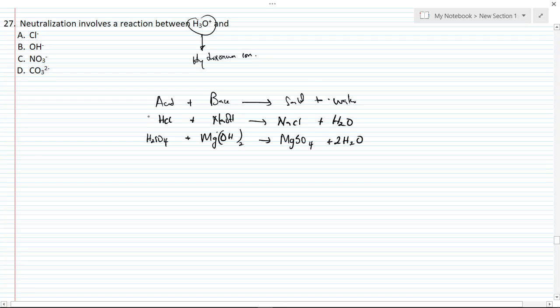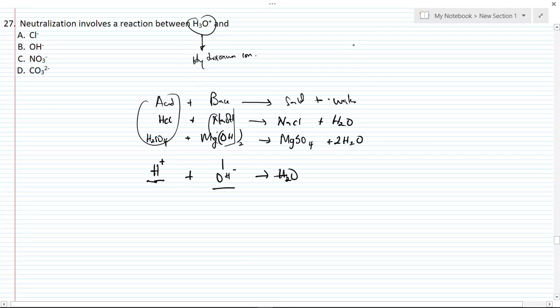When looking at the acids, we can see that the common element is the hydrogen ion. And in the bases, the common element is the hydroxide ion. So actually, a neutralization reaction is the reaction between the hydrogen ion and hydroxide ion to form water. However, in this case, it's the hydronium ion that was given and not hydrogen ion.